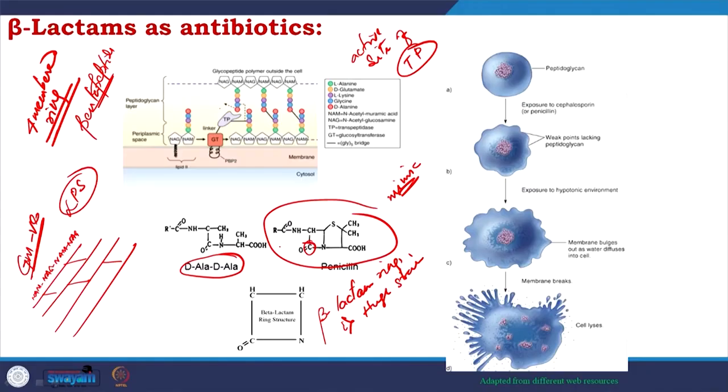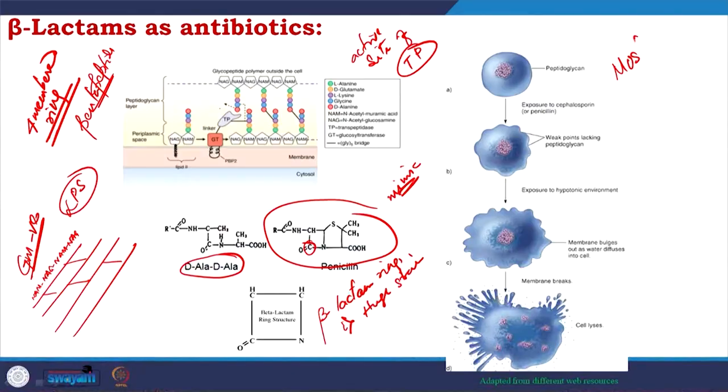Now, when they are getting exposure to the hypotonic environment, because the cell wall layers are not strong, the membrane bulges out as water diffuses in, the cell lyses and then the bacteria dies. So, this is a phenomenal mechanism, and that is why, as I told, beta-lactams are the most prescribed drug.